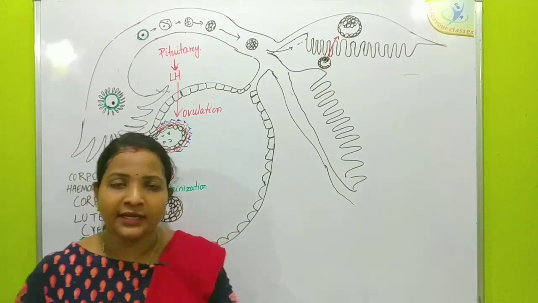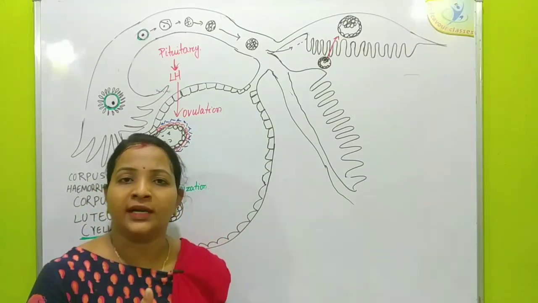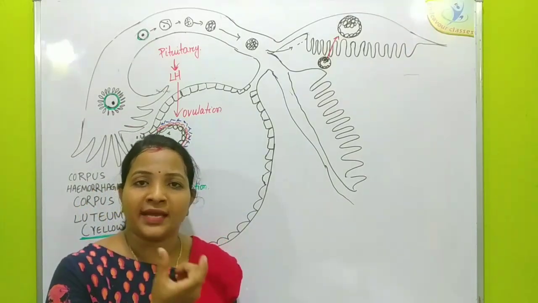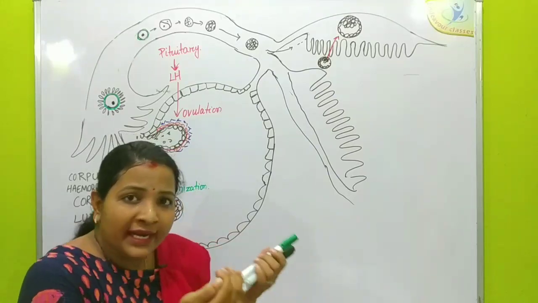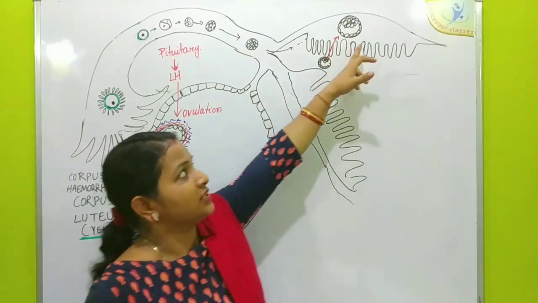And for that implantation, the endometrial wall should reach its maximum thickness for complete burial of that blastocyst.